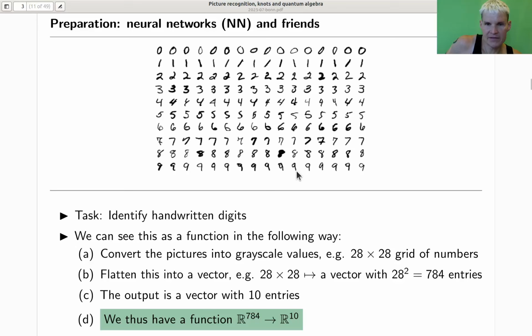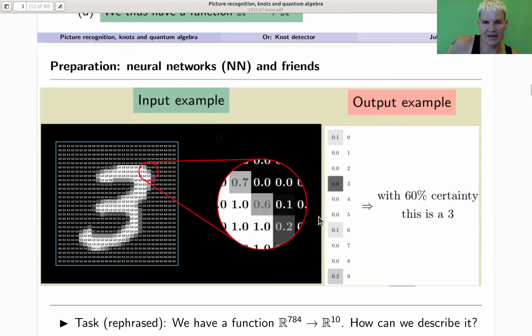Okay. So, a neural network is this idea of a function that approximates. You have a function that you want to approximate. So usually you do something like this. You want to recognize, let's say, numbers, and you convert them into grayscale, let's say a 28 times 28 grid of numbers, something like that.